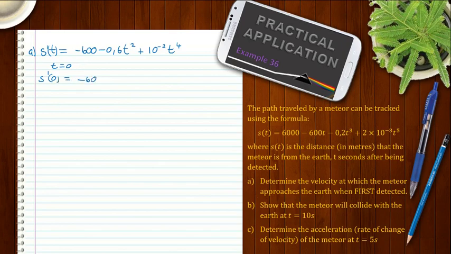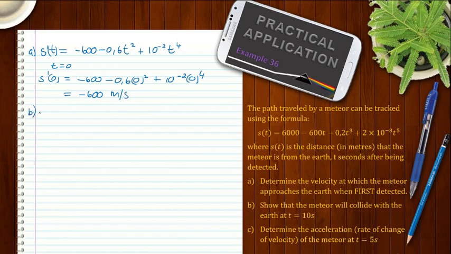So I have minus 600 minus 0.6, put it in, plus 10 to the power of negative 2. These two terms will then fall away, and we are just left with negative 600. It's in meters, and T is in seconds, so the velocity is going to be meters per second.